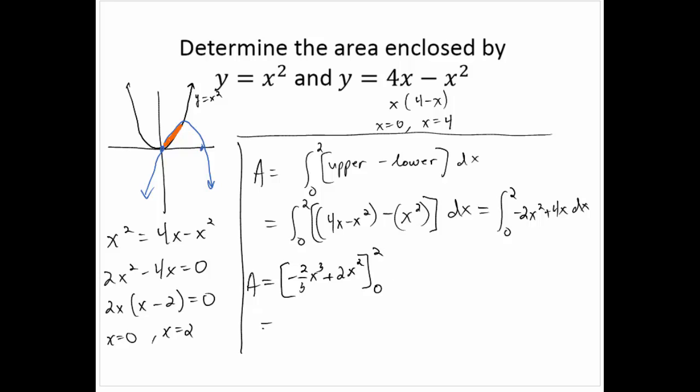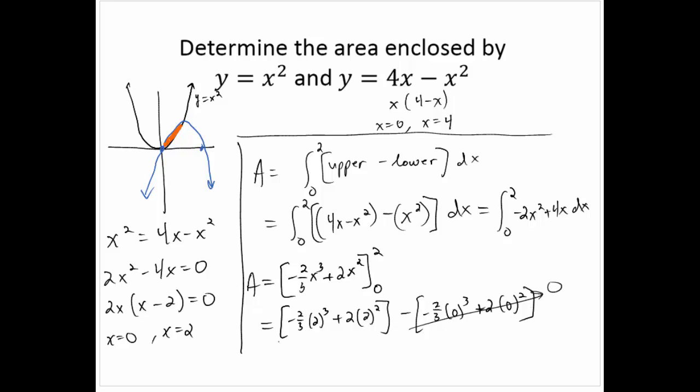I'm just going to do some direct substitutions now. So let's see, I'd have negative 2/3 of 2 cubed plus 2 by 2 squared, minus negative 2/3 of 0 cubed plus 2 by 0 squared. And notice that that whole term goes to 0, which is nice.